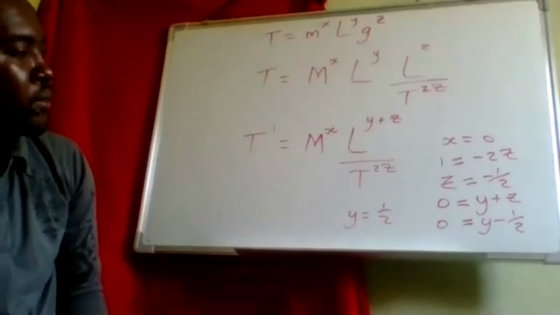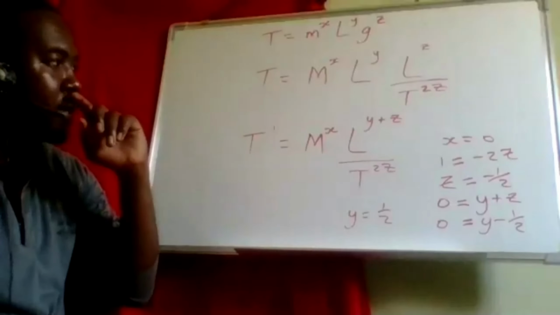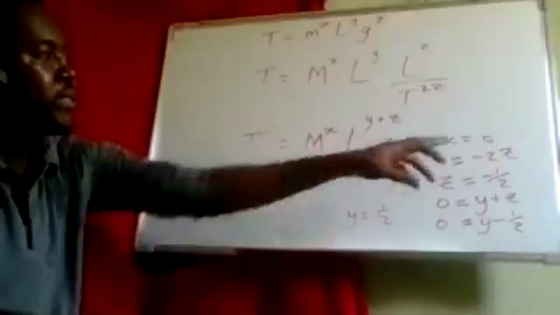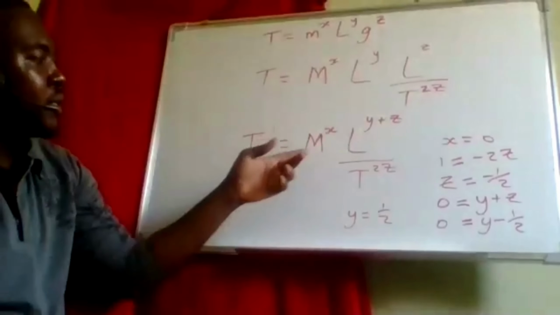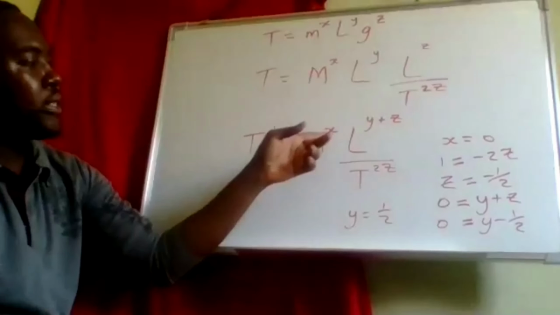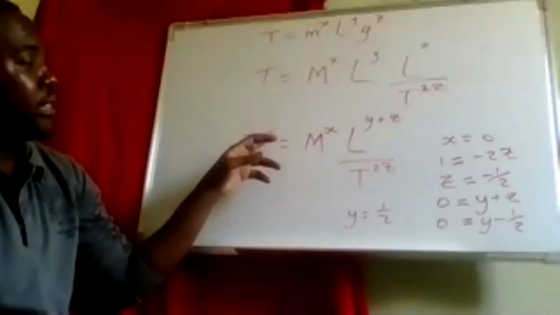All right, so that's how you would use dimensional analysis to give you the unknown indices. Obviously x is 0 because there is no m on the left. The t is 1 on this side.